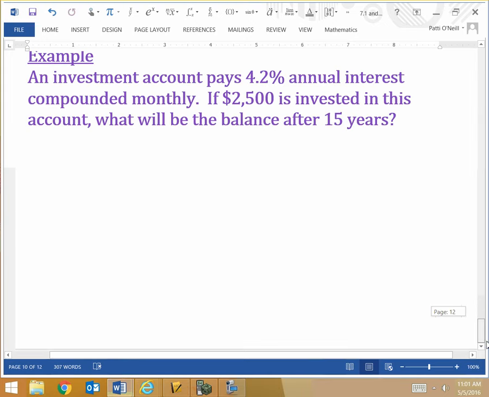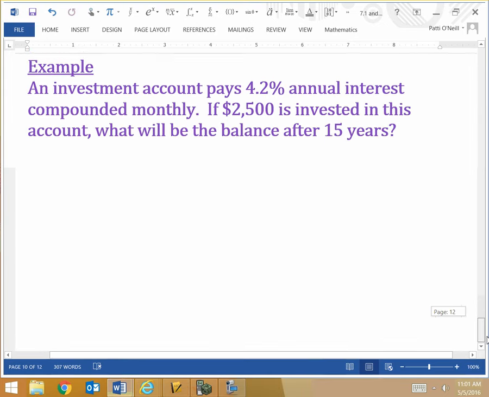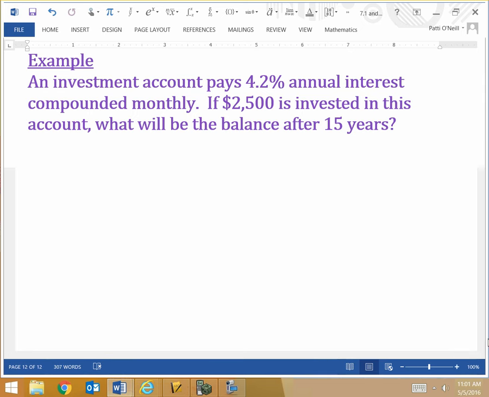and look at this. It's not going to be too difficult. This says an investment account pays 4.2% annual interest compounded monthly. If $2,500 is invested in this account, what will be the balance after 15 years? So we need to pull out some important pieces here. We know that we have an annual interest rate of 4.2%.